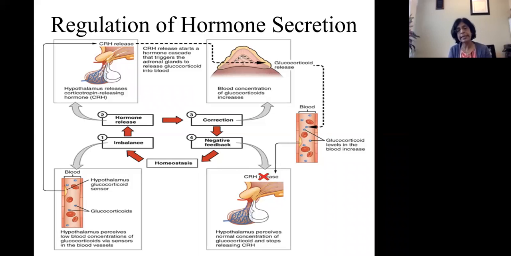So that's one example. Or cortisol that's released in response to stress. That's, again, the nervous system regulation. Now, what about other hormones? What about insulin, for example?